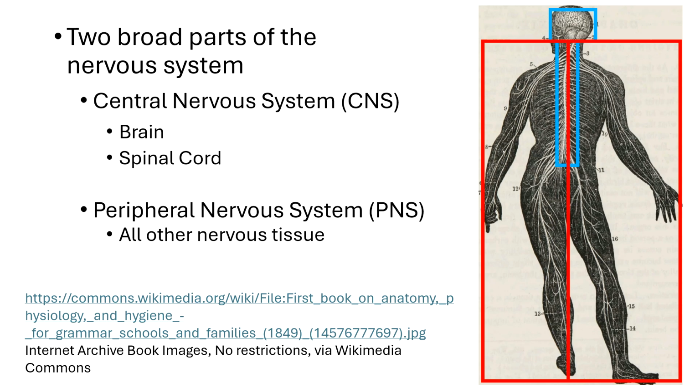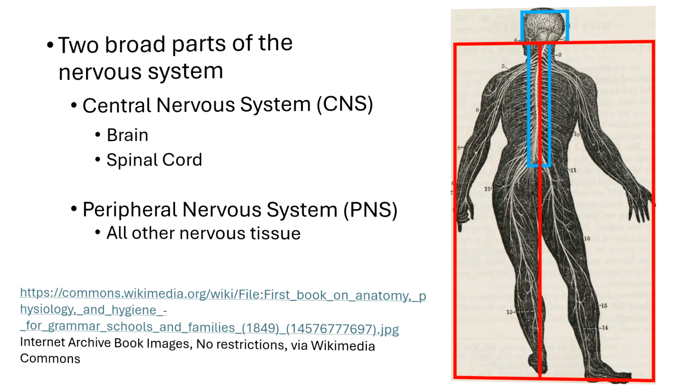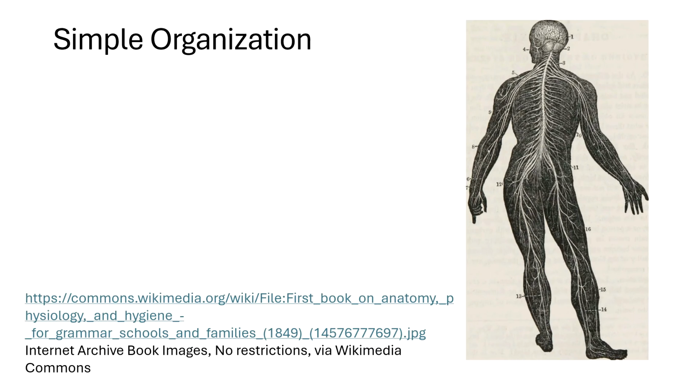Now, for the last part, as we talked about earlier in the video, there are multiple ways that we can organize the nervous system. But for now, we're going to look at the information the nervous system transmits through the body. And in this case, we have two pathways for information to flow.